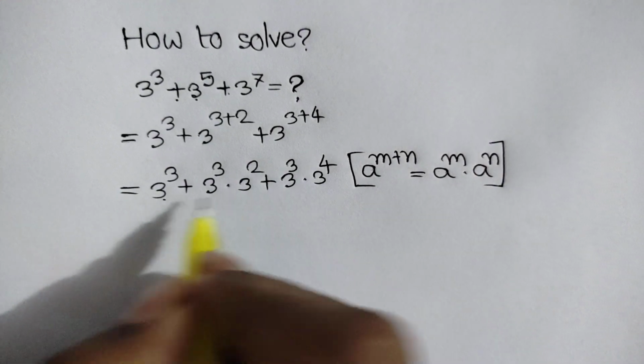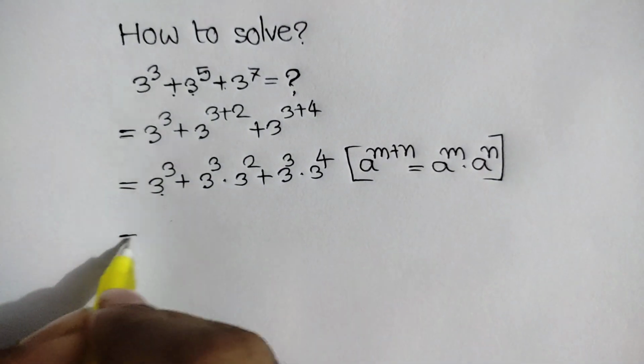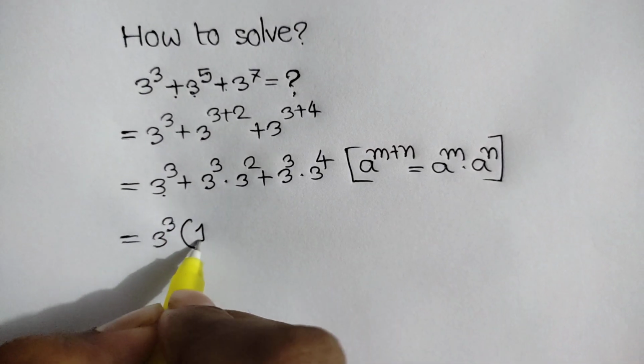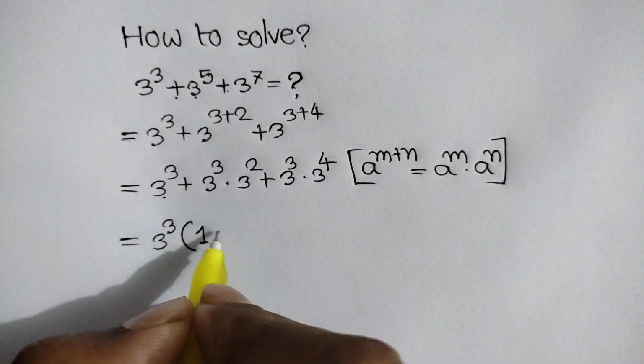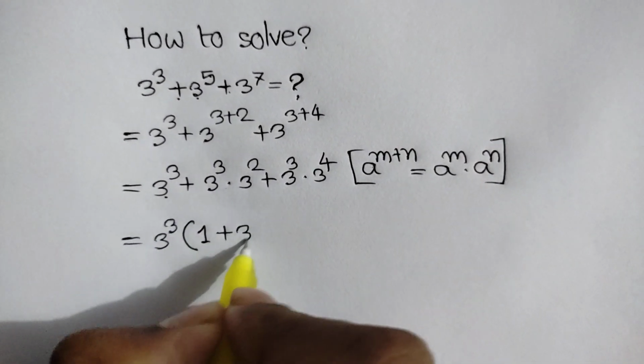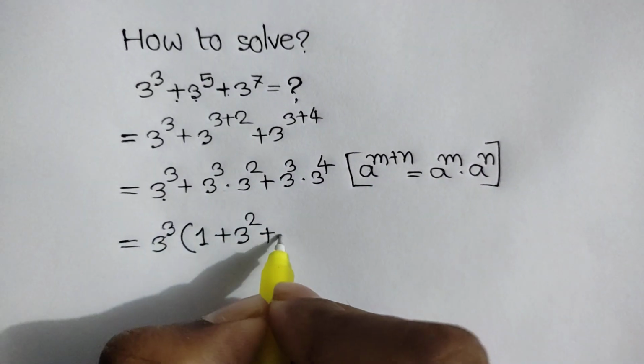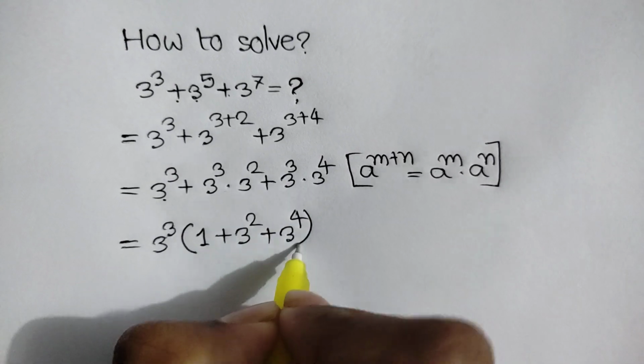Here we can take common 3 to the power 3, so we can write: this divided by this is equal to 3 to the power 2, plus this divided by this is equal to 3 to the power 4.